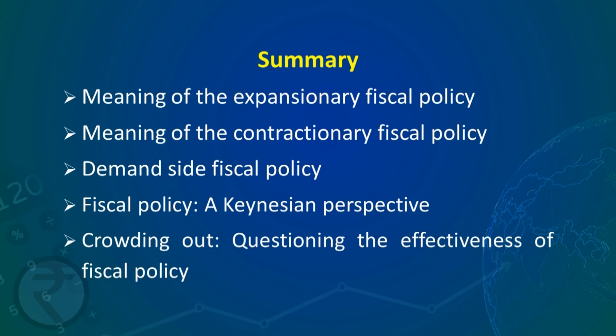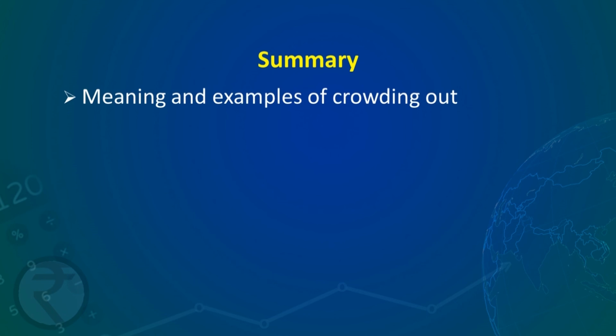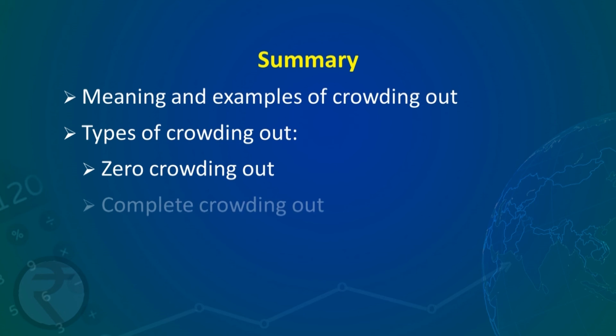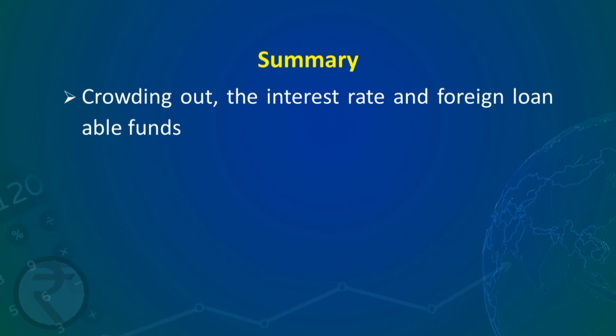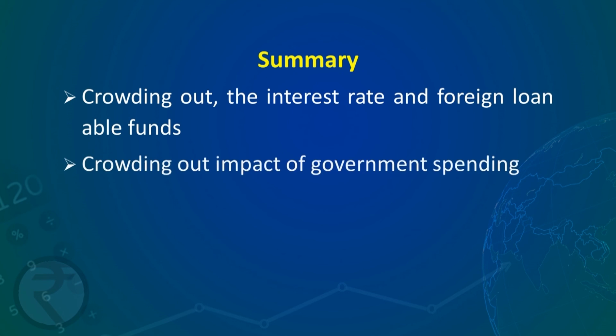We have seen what crowding out is, examples of crowding out, and the types of crowding out, which are zero crowding out, complete crowding out and incomplete crowding out. What is the relationship between crowding out, interest rate and foreign loanable funds? The crowding out impact of government spending has also been discussed.